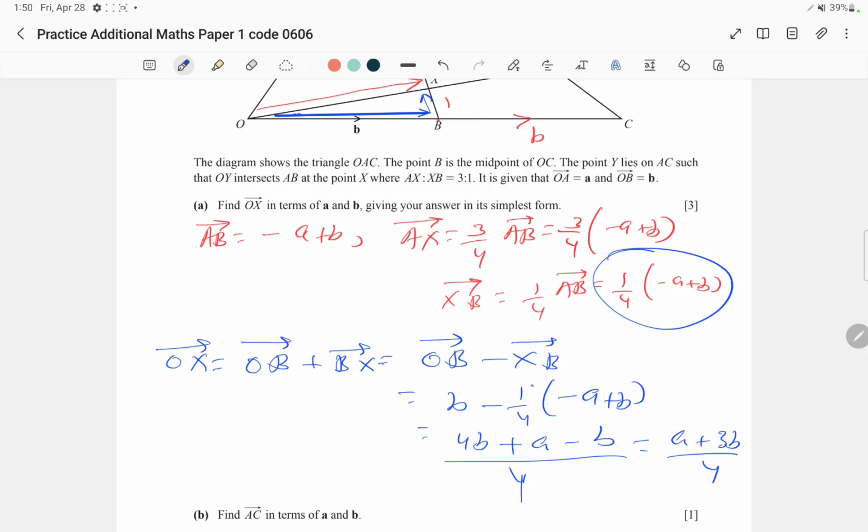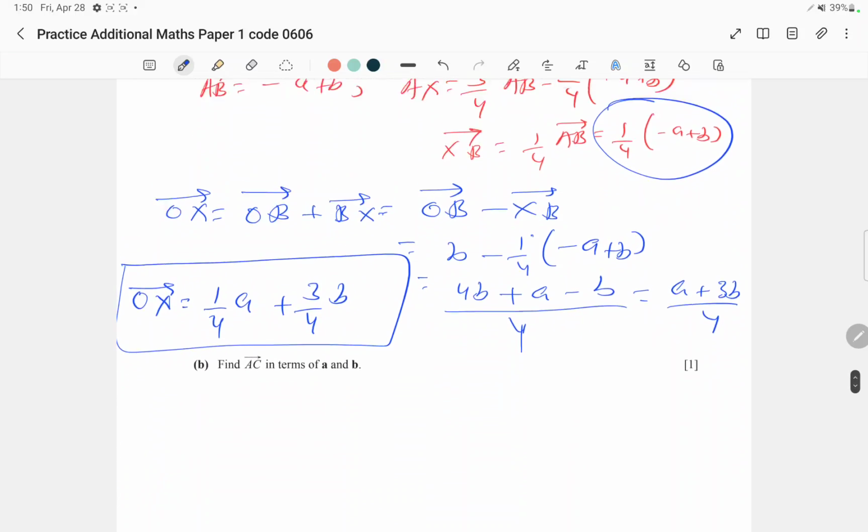So A over 4 or 3/4 B you can say. So you can write in this way, or the way I wrote, or you can write 1/4 A plus 3 over 4 B.